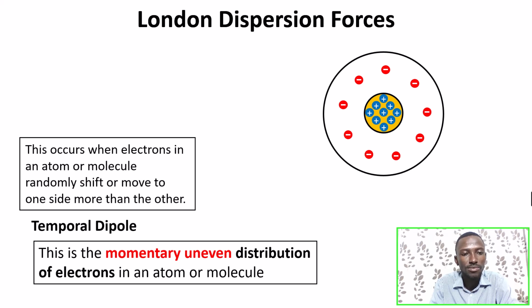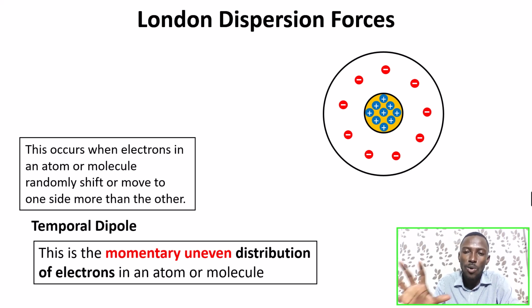It occurs when electrons in an atom or molecule randomly shift or move to one side more than the other. That's how a temporary dipole comes about. Electrons are constantly moving. If you look at the model of the atom on the screen, you can see that the electrons in this atom are evenly arranged.